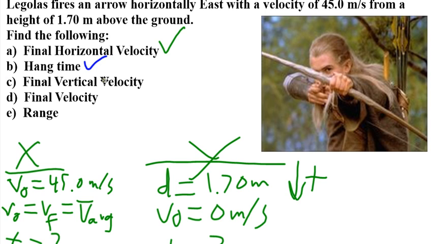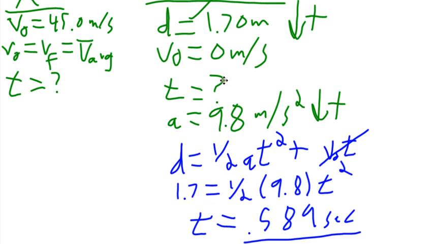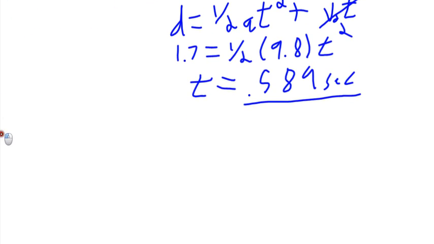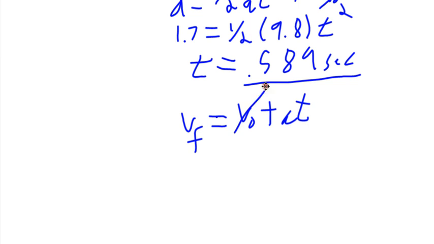And now for part C, we need to find the final vertical velocity. So that variable that was missing, we now need to find. So let's go and put this in. We know that our time is now 0.589 seconds, and that's going to be for both the x and the y. And now we need to find our VF. The easiest equation, not the only equation to use, is going to be VF is equal to V naught plus AT. Again, we know our V naught is 0, so we can cancel that out.